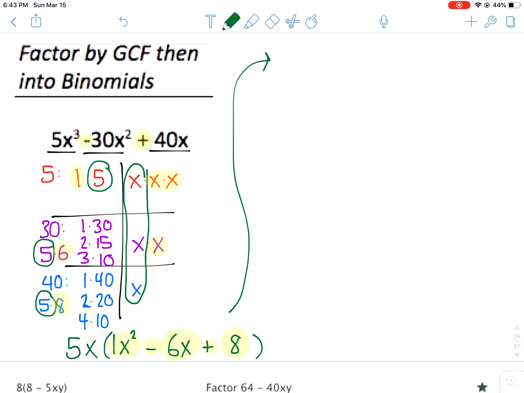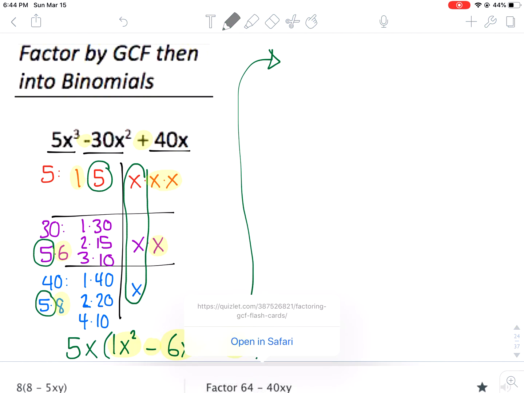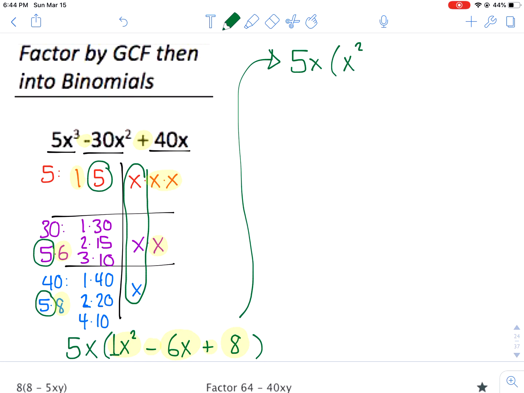And we can rewrite this without, wow, that was a terrible arrow. We can rewrite this without our 1 here in front of the x squared, because 1 times anything is just the same thing. So we just have x squared minus 6x plus 8.